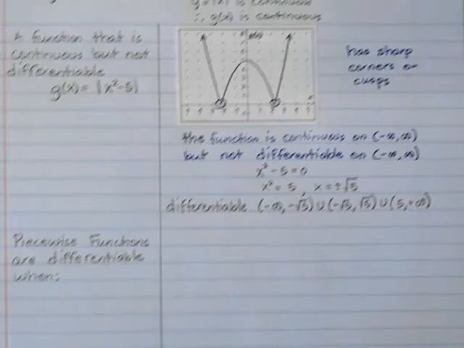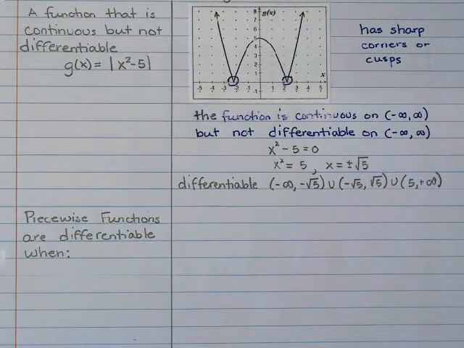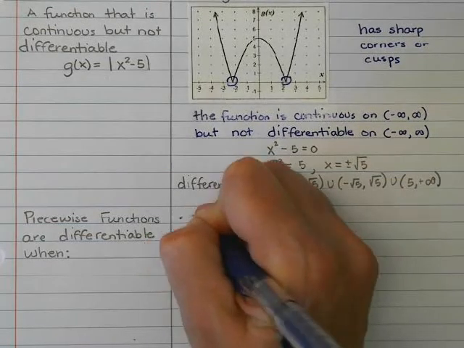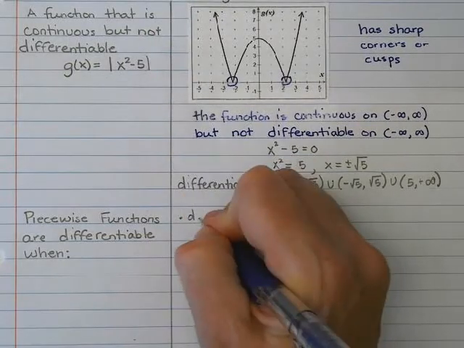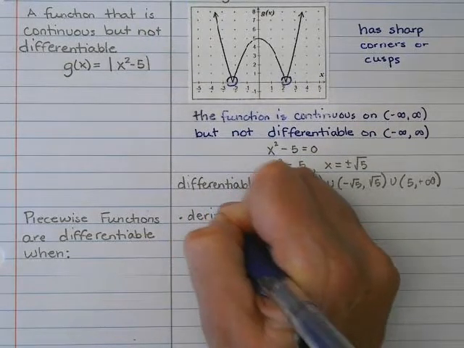Okay, so let's see what's going to happen with piecewise functions, because a lot of things can happen in a piecewise. We could get corners on piecewise. So piecewise are a little tricky. To know if they're differentiable, the derivatives need to be the same on either side of the x value.